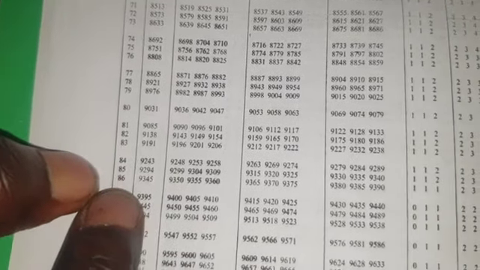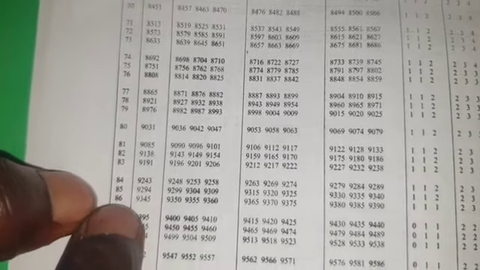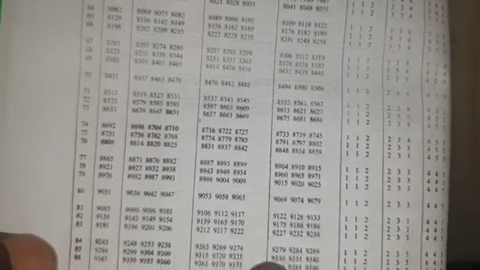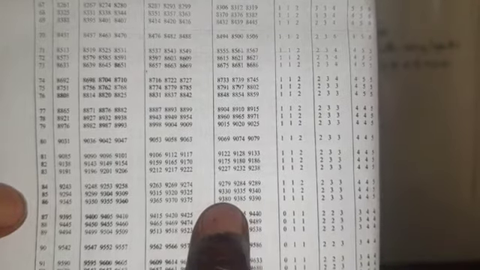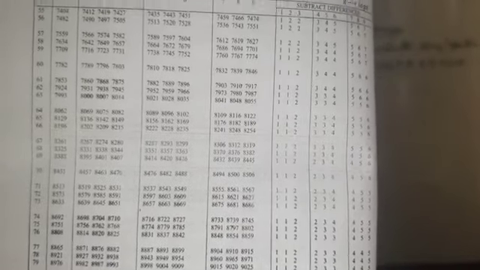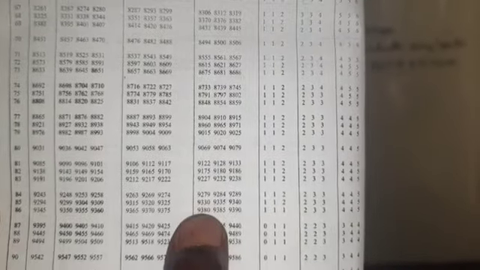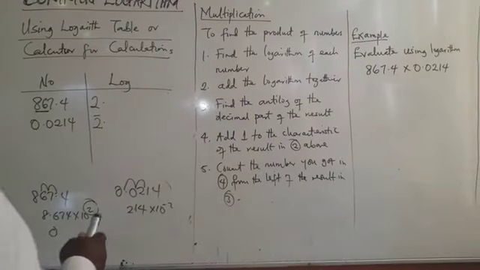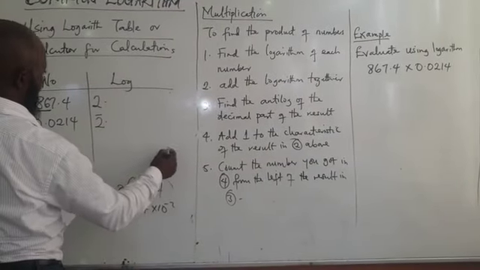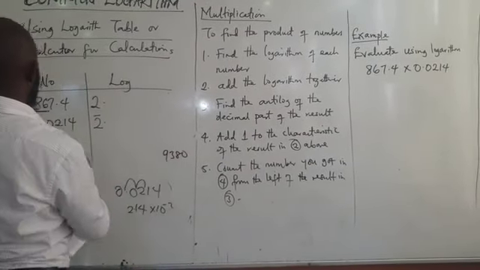So 86 under 7, we trace it to 7. Under 7 is here, which is 9380. If you go up, you see it's under 7. So we write 9380 here. We have checked 86 under 7, difference of 4.